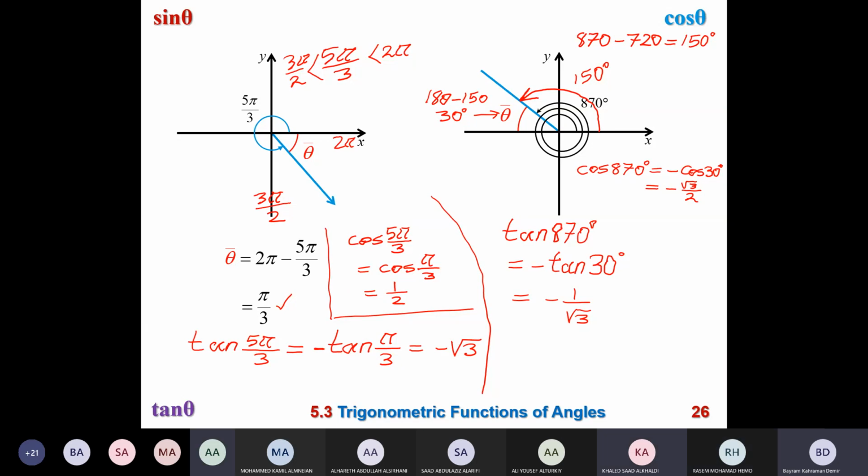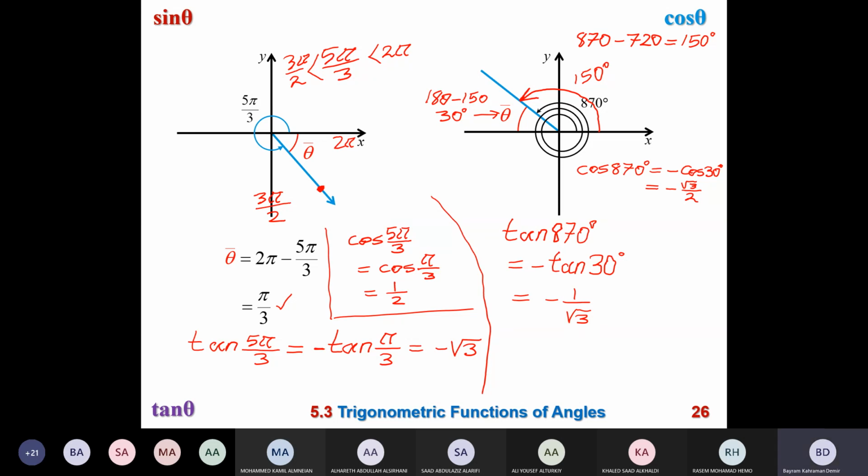We need a point on the terminal side, the point X and Y, to calculate the trigonometric functions. But with the reference angle, we don't need to find the point, because I'm using the reference angle.